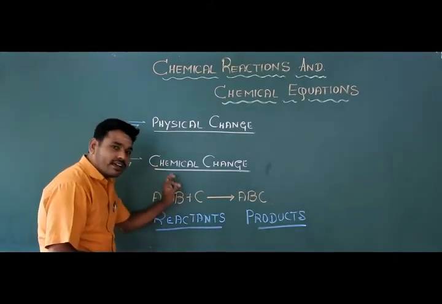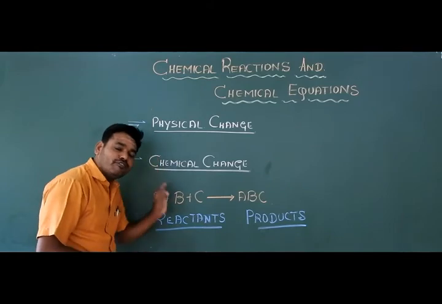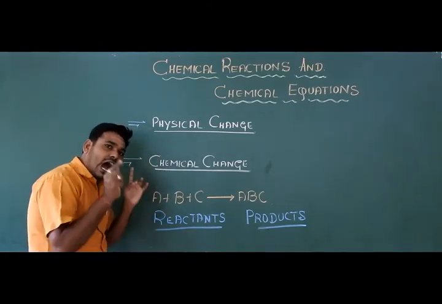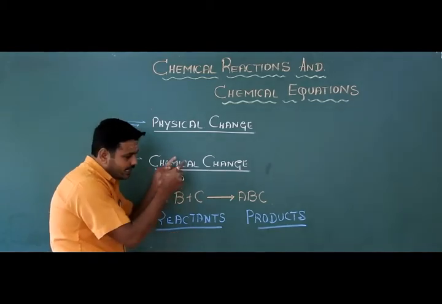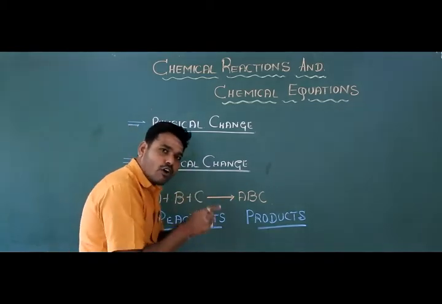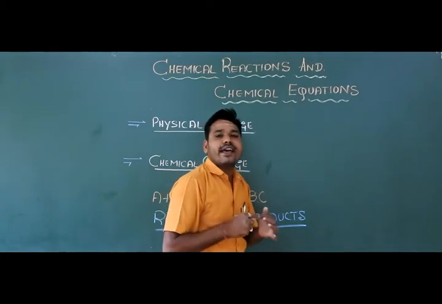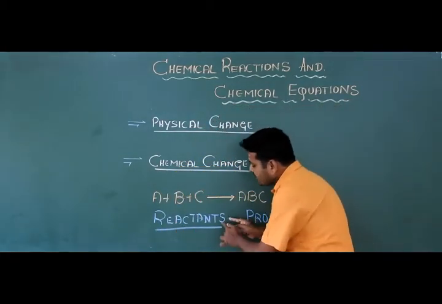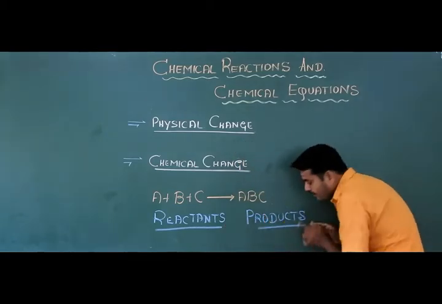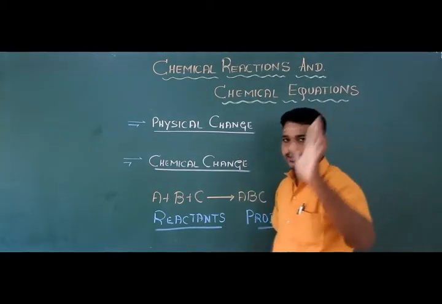The substances which are present before the chemical reaction are called reactants, and the new substances formed after the chemical reaction are called products, students. So the first terminology is reactants and the second terminology is called products, students.